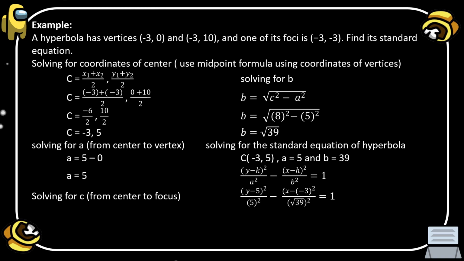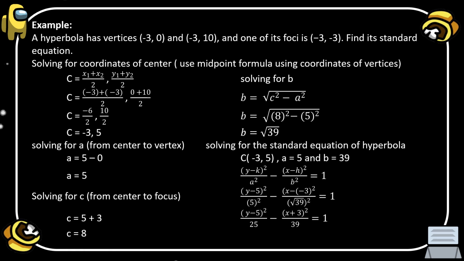Okay, so as I said, if it crosses 0, meaning one is positive and the other is negative, we add them, because there is no negative distance. So, 5 plus 3, the result is 8. Right? 5 plus 3 is equal to 8.